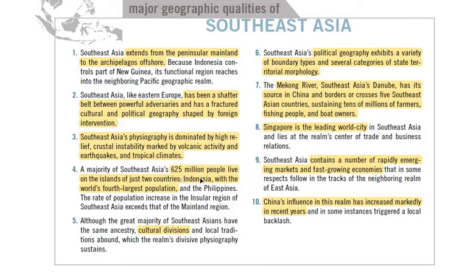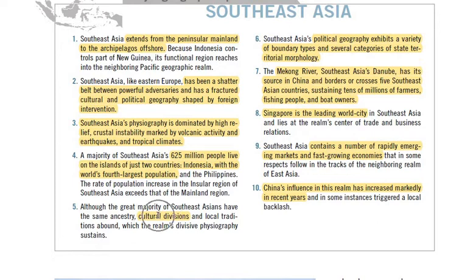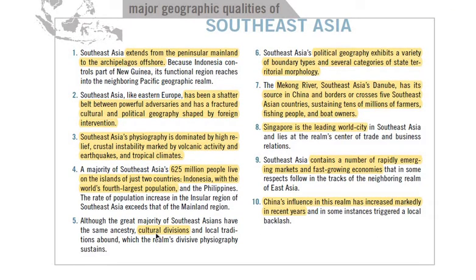Indonesia is one of the top 10 most populated countries of the world. The culture of Southeast Asia is highly variable. Although the people have the same ancestry, the ancestors being from the same area, there are a lot of cultural divisions. And the political geography of this realm shows diversity in terms of state morphology.